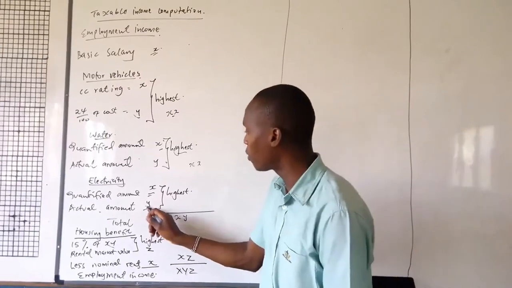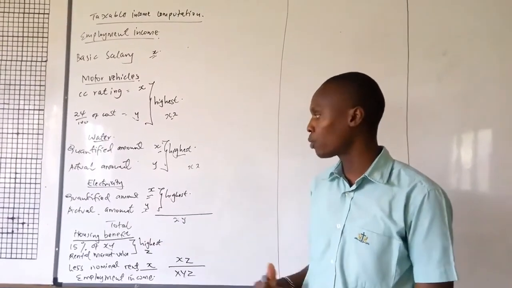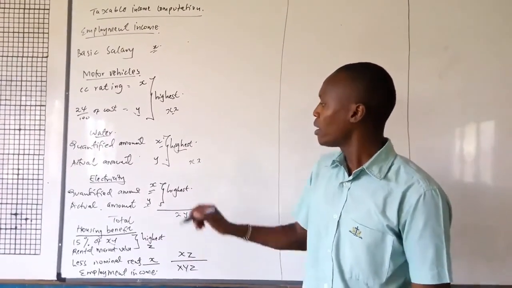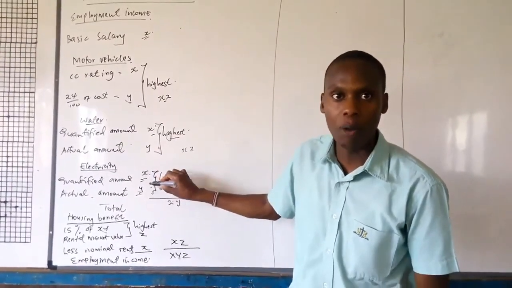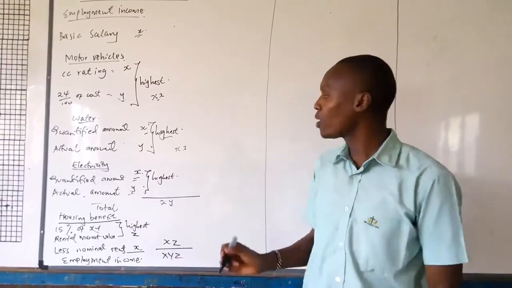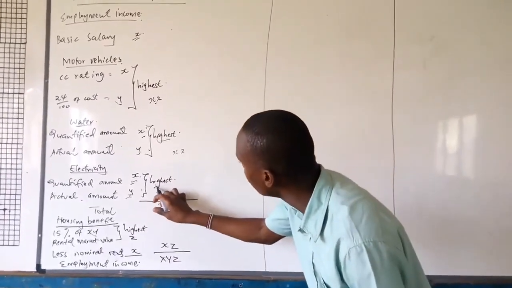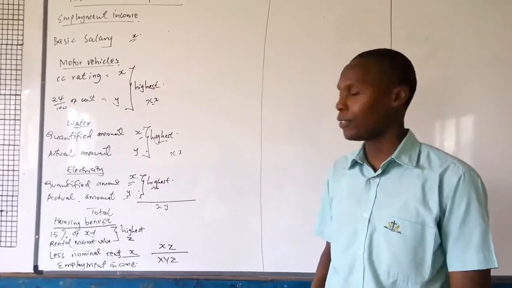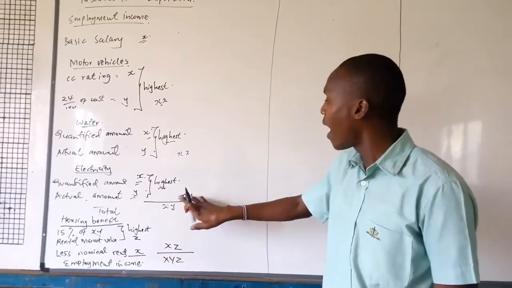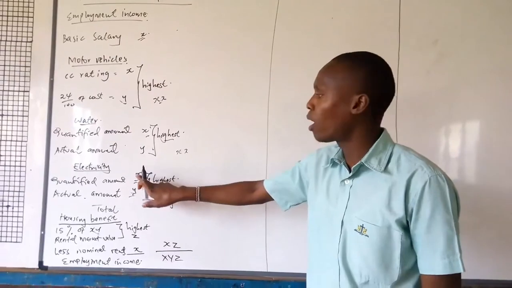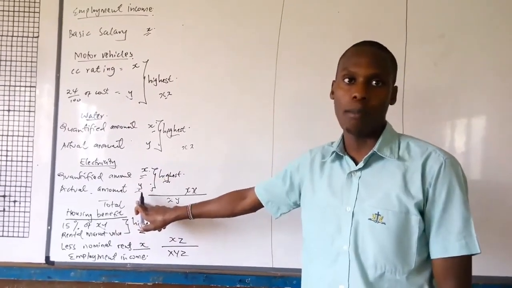So we will also be given the value of the actual amount which was used in that particular case. Between the quantified and the actual amount, you will pick the one with the highest value, as I showed on this page. So we have X and X, which is my highest value between the quantified and the actual amount.